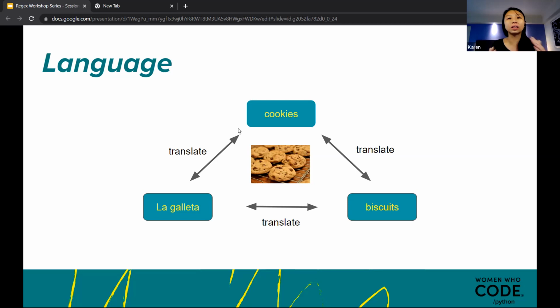Now that we have translation, we don't need to see the picture anymore to understand what cookie is in French or Spanish. We have Google Translate to translate directly. I just typed into Google, what is cookie in Spanish, which is exactly what I did.